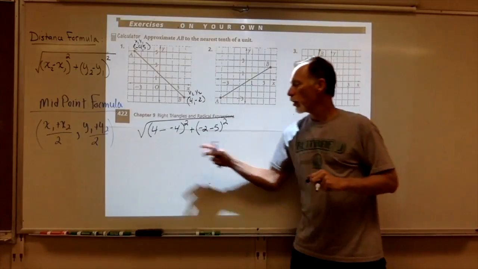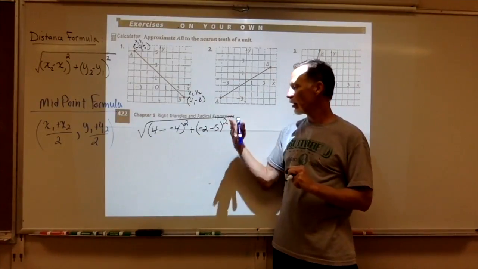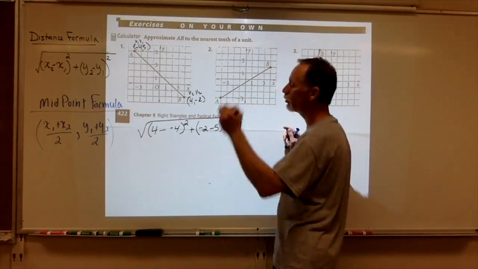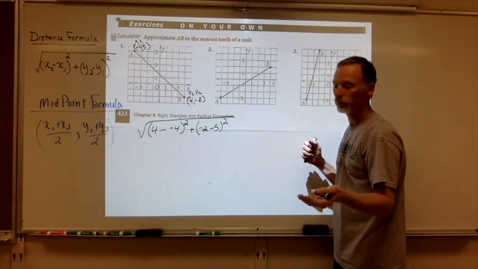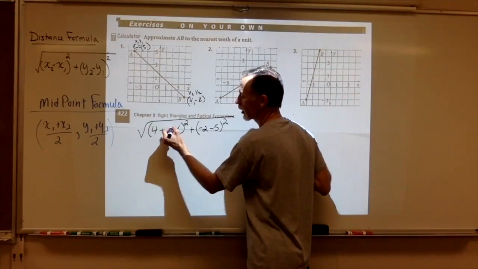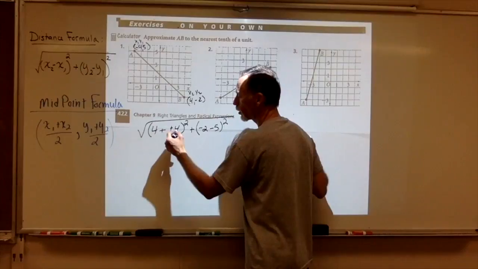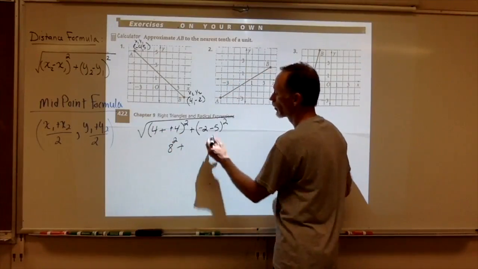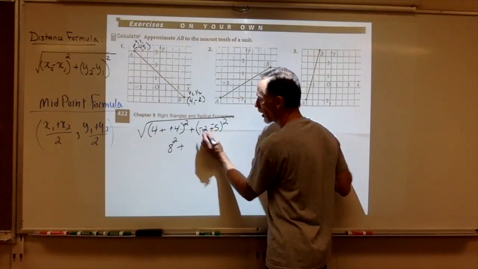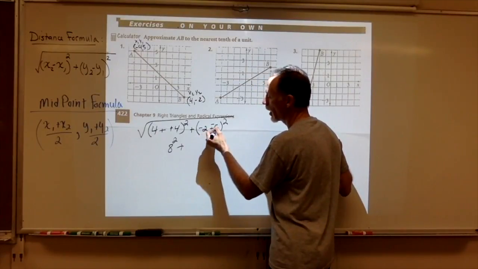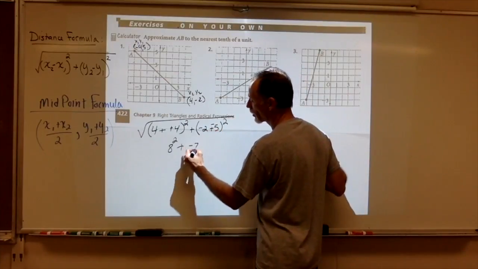Now at this point, you can just type this into the calculator, press enter, and that will give you that length. Okay? If I go through, I'm going to go step by step just for teaching purposes. Change subtraction to addition, change sign of the second number. 4 plus 4 is 8, so this ends up being 8 squared plus, change subtraction to addition, change sign of the second number, -2 plus -5 is -7.